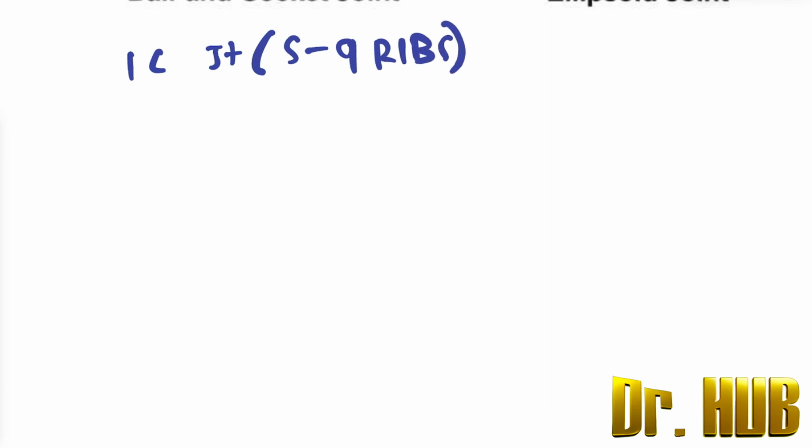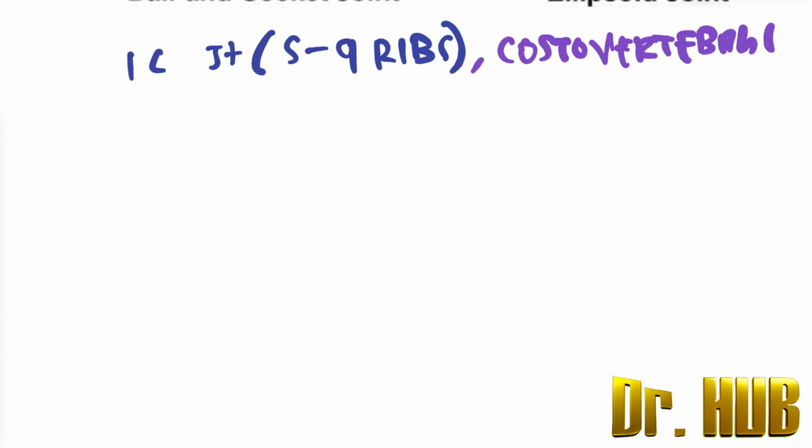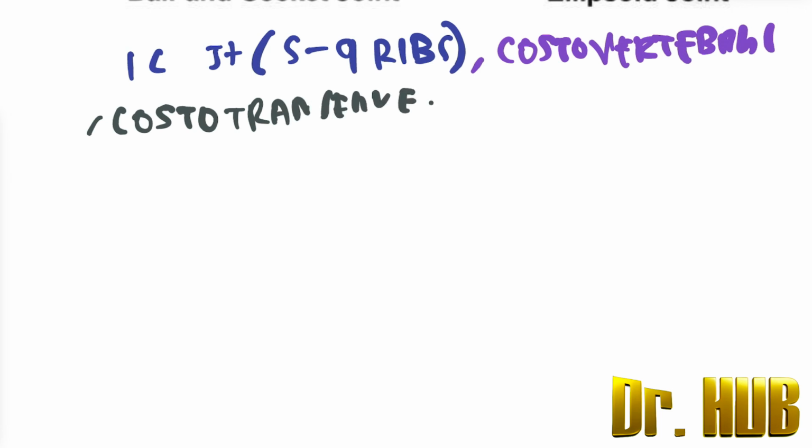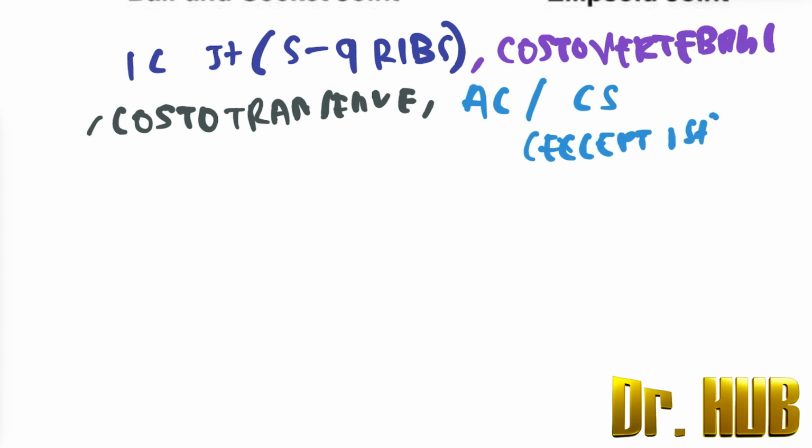And there is also the costovertebral and the costotransverse, as well as the acromioclavicular and the chondrosternal joints, except the first joint.